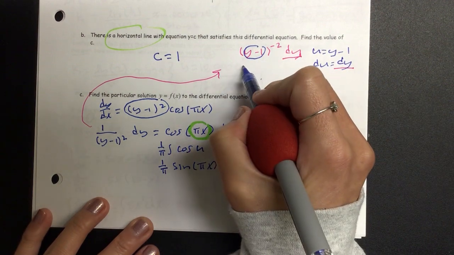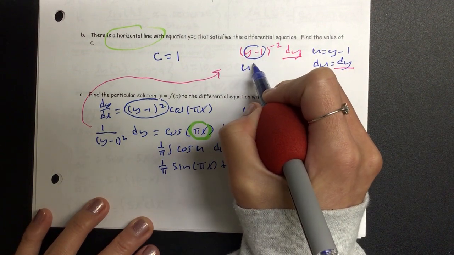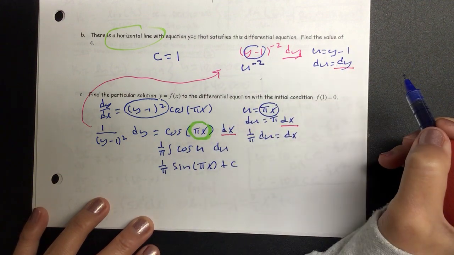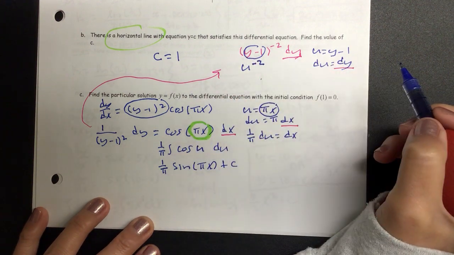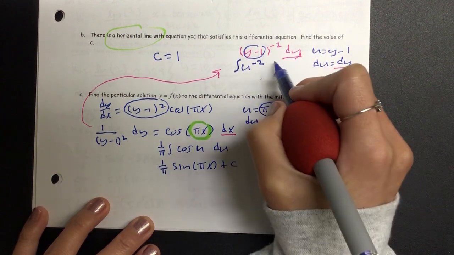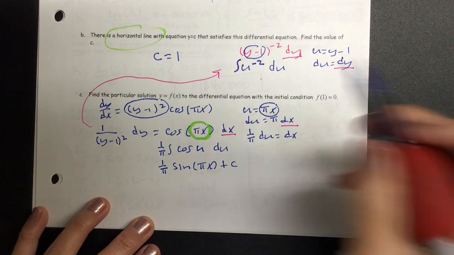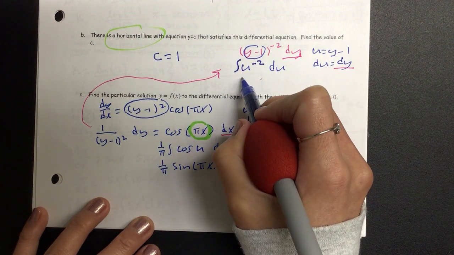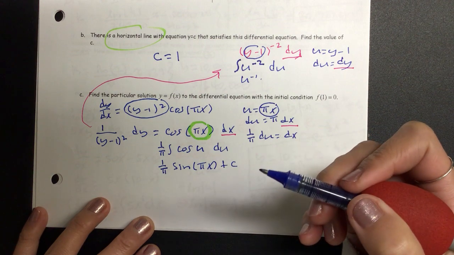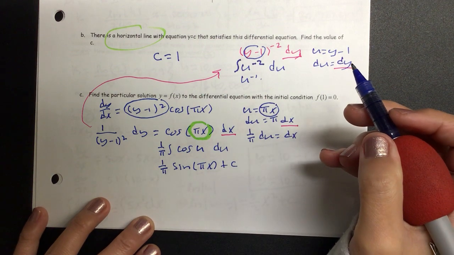So here I have u to the negative 2. We want to integrate it. And then we have du. What is one more of this guy? So negative 1. And then if I multiply or divide it by negative 1, isn't the value still the same? Yeah?